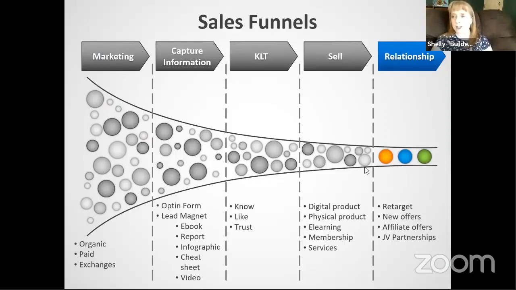If we create a relationship, what that means is we can retarget them if they don't buy something of ours. We can send them new offers if they did buy something of ours. We can also join affiliate programs and offer them affiliate products that these people might be interested in. And then there's actually some of them that we might create a relationship with to the point where we create a networking situation and can actually do JV partners with them.